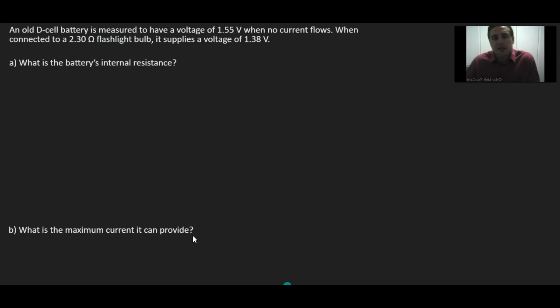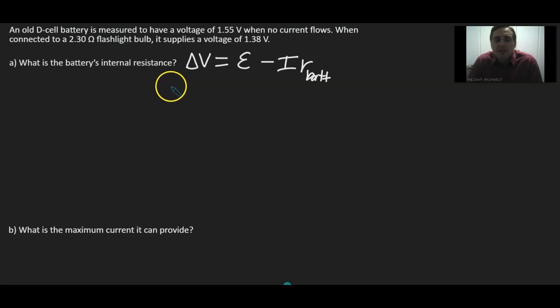Well, let's have a look at our equations for a real battery. One of our equations for a real battery is the following: the voltage difference available to the resistor load is going to be the EMF of the battery minus current times the battery's internal resistance.